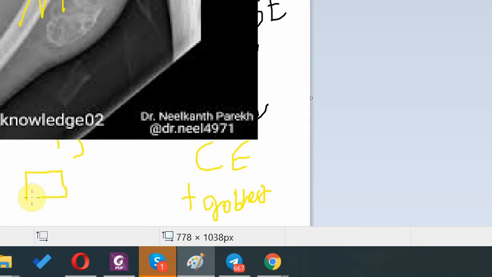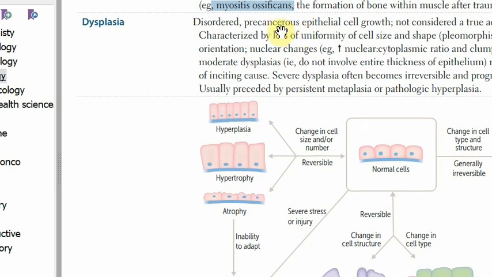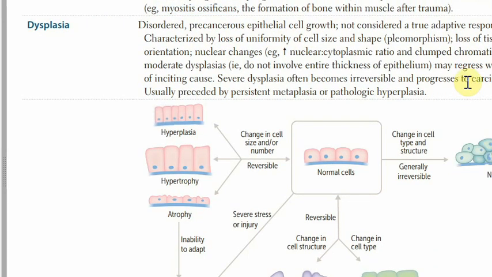It will be like columnar epithelium or one shape of epithelium. Now it becomes something like this, totally disoriented. So they write disordered pre-cancerous, so it's not cancer yet, epithelial. Please keep in mind, dysplasia can only occur in the epithelial, not in any other type of tissue. But it's not considered a true adaptive response because it's a pre-cancerous response.